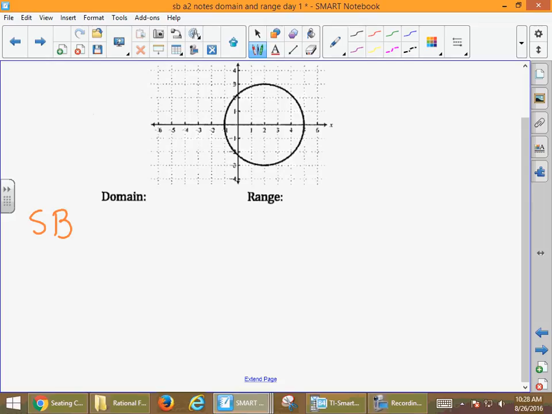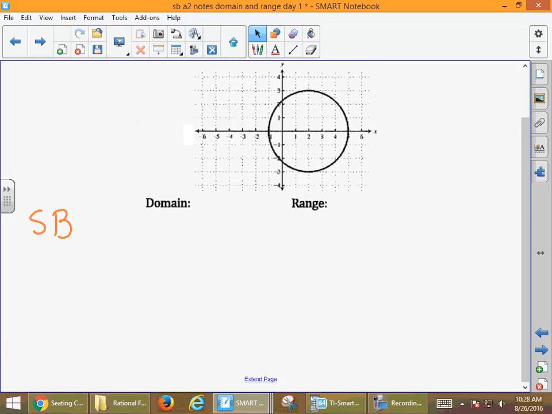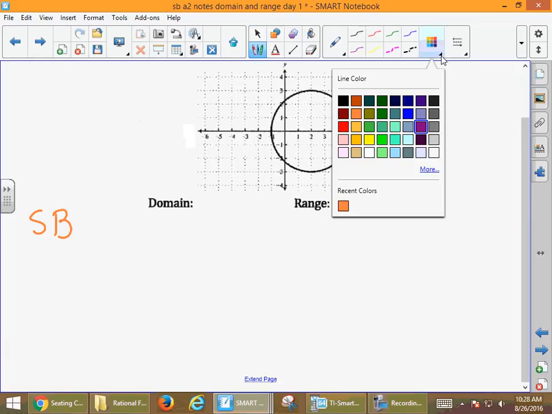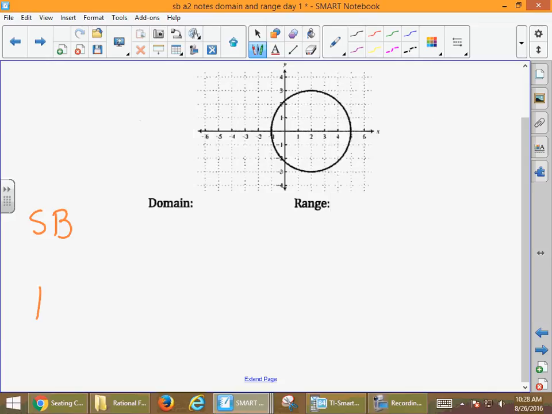So we're going to put this in set builder notation, and then also in interval notation, which is going to be indicated by IN. It states that on the homework, but I can point it out now.